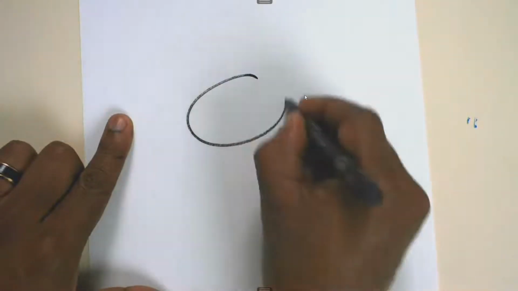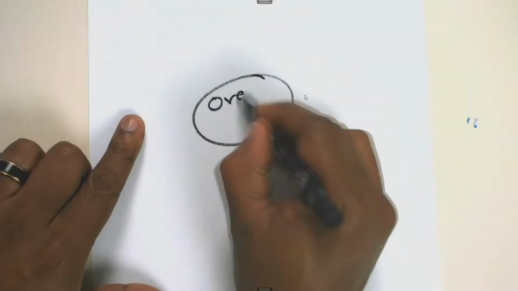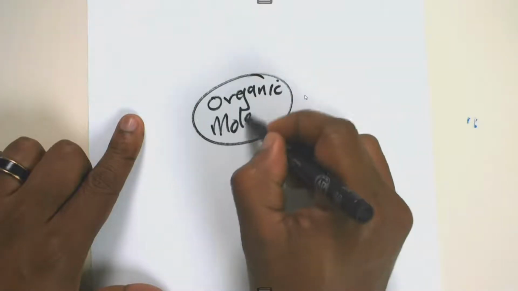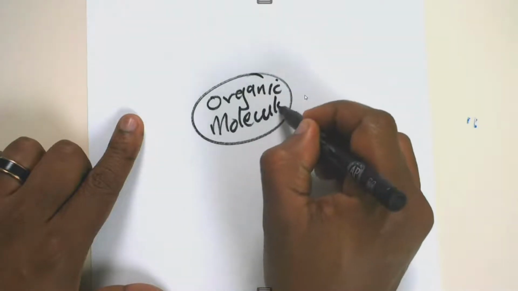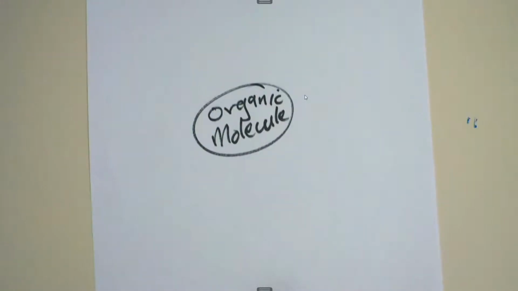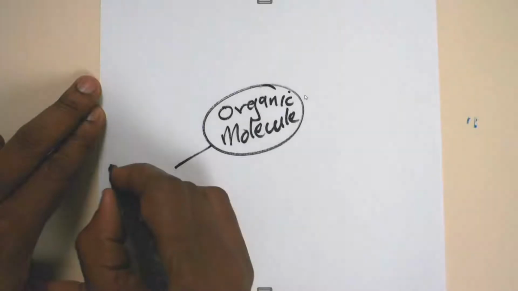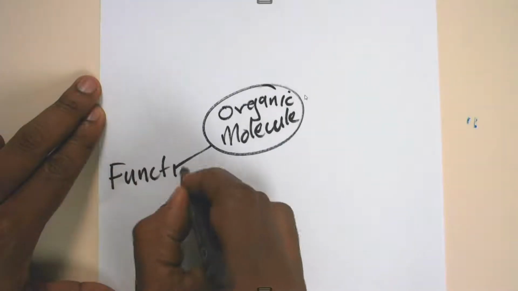So I usually do this summary for myself to say, if this is an organic molecule, of which we believe that the examiner will give to you, I should be able to say something about the functional group.